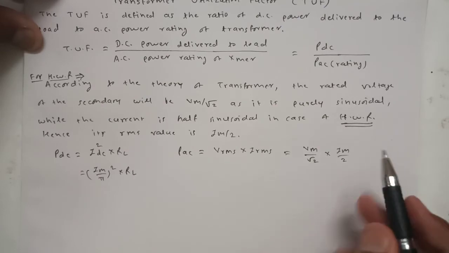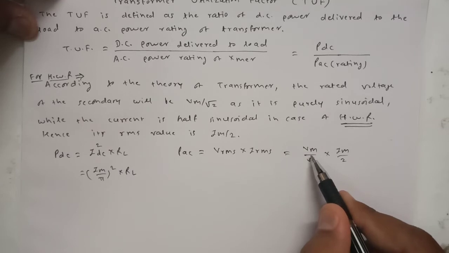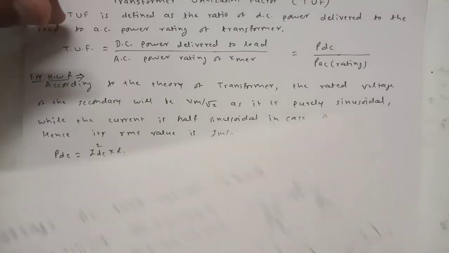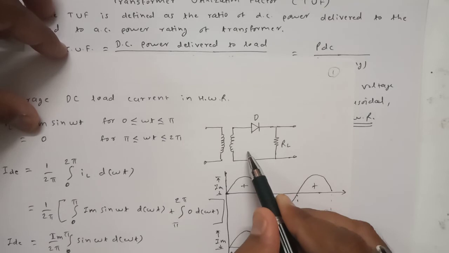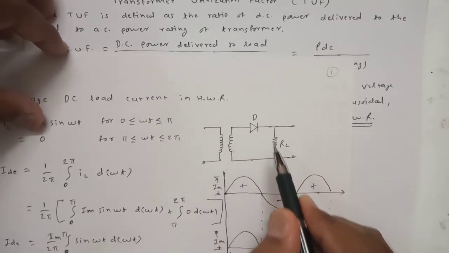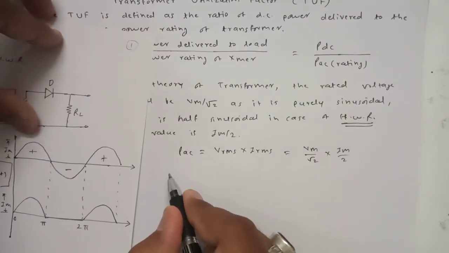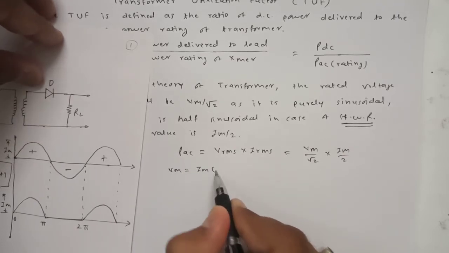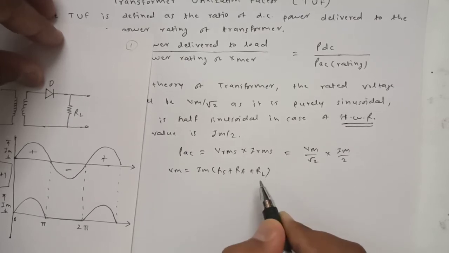Now we know that in case of half wave rectifier we had some equation for this Vm also in terms of Im. So if you do not remember, let us see this diagram. In this diagram again we know the Im flows like this, and what are the different resistances which are coming? Rs, resistance of diode, and resistance of this load. And that's why Vm can be written as Vm is equal to Im multiplied by all the resistors Rs plus Rf plus RL, right?